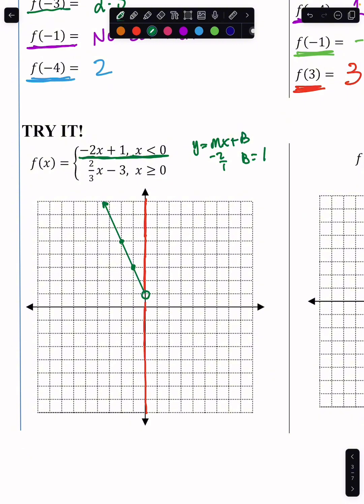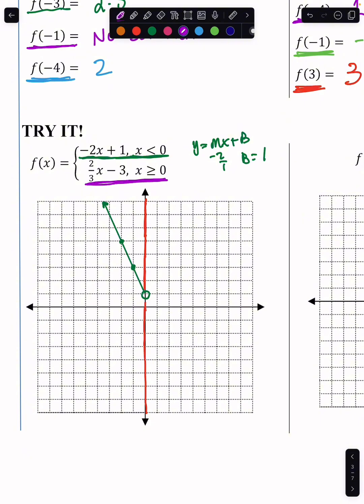All right, let's do the other one in purple. We only want to the right of 0, in other words, to the right of our red line. So we're going to go ahead and graph this. For this one, my m is equal to 2/3 and my b is equal to -3.